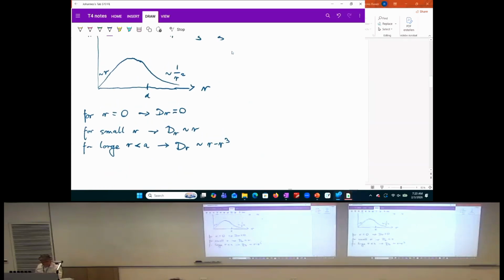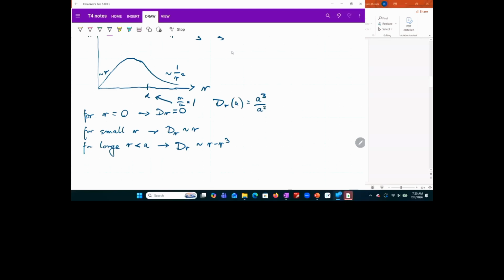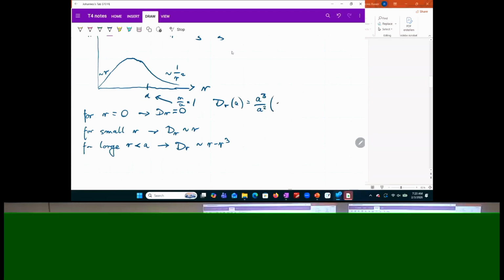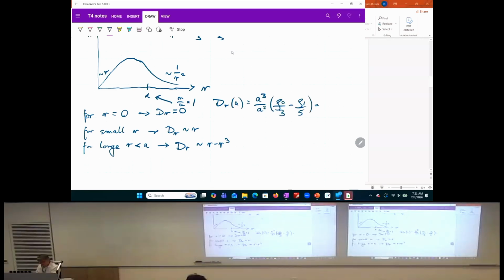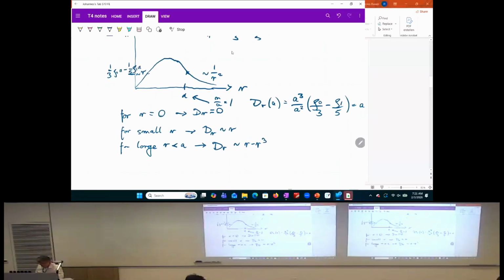At this point where R over A is just equal to 1, the magnitude of D_r will be A to the power of 3 divided by A to the power of 2. So you will just have this value if you want to plot that. So this value will come here to 1. This is this value here.